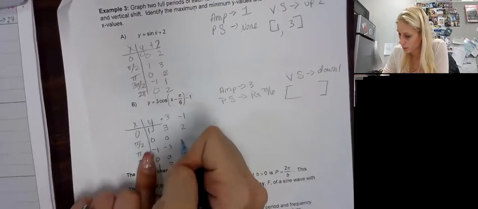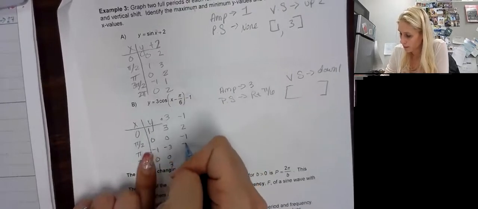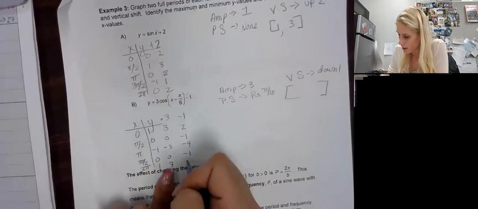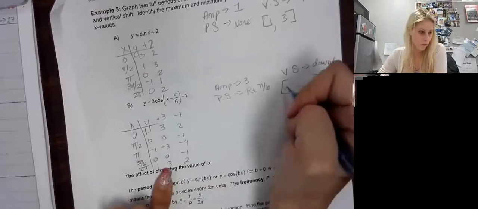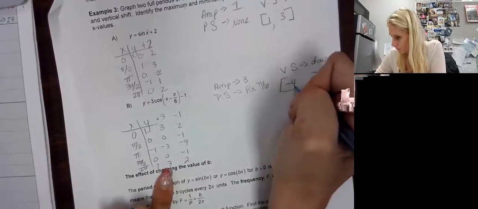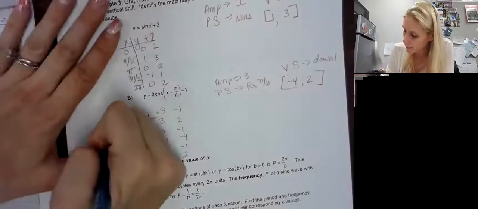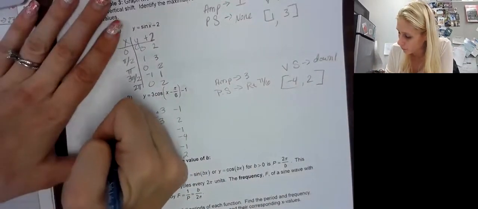So 2, -1, -4, -1, and 2. So we go from -4 to 2. And then for our x values, remember we have to do what's opposite, so we're adding pi over 6.